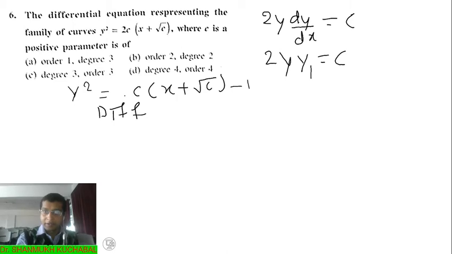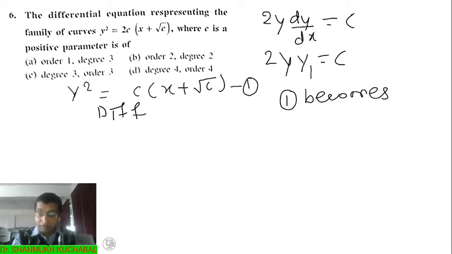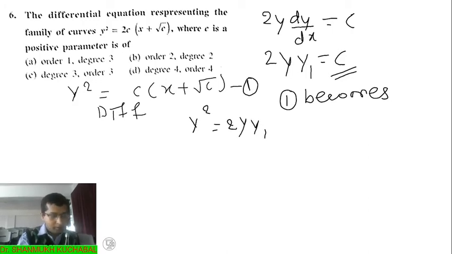Now the given equation I call equation 1. Now wherever we find c in equation number 1, we have to replace it by 2 times y dash. So we get y square equal to 2y y dash multiplied by x plus under the square root of y dash.